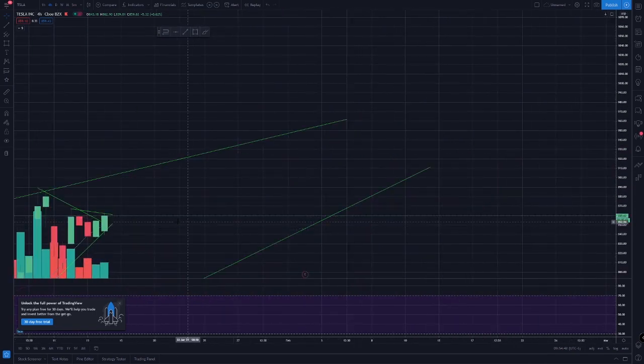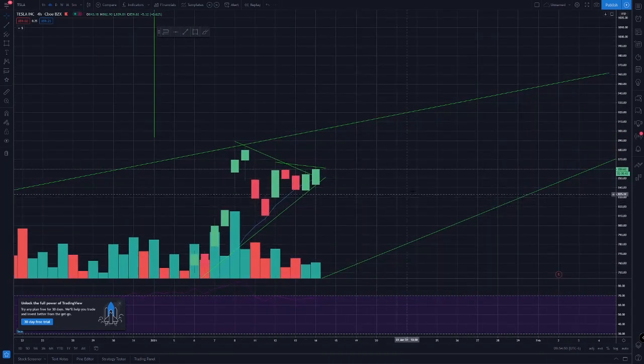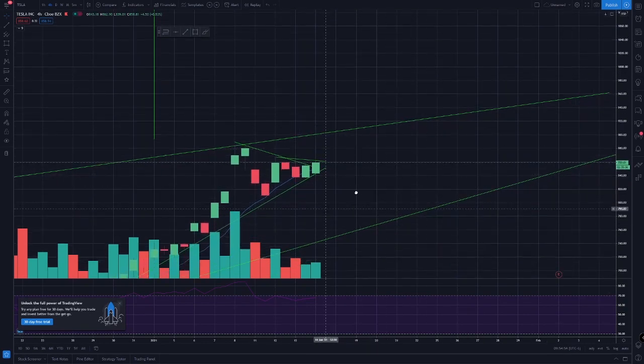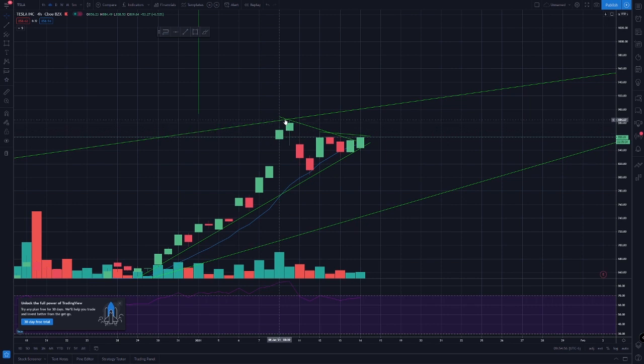And so in here, what it looks like to me is we came up to this resistance, found support, resistance, support, and then resistance, and we're finding support and resistance here.